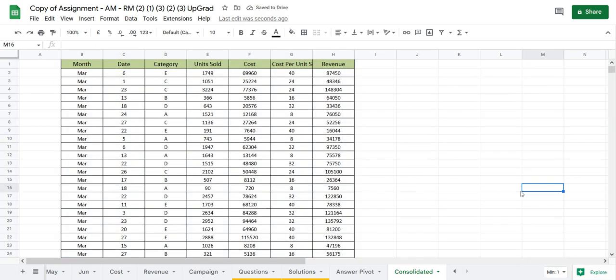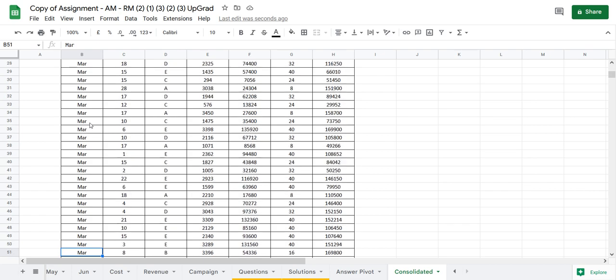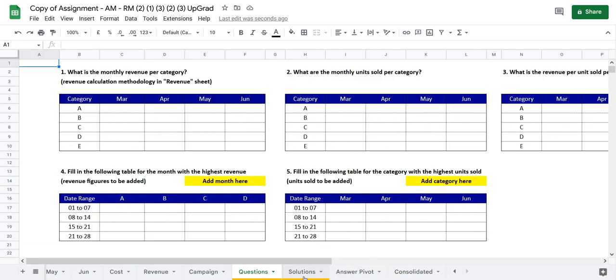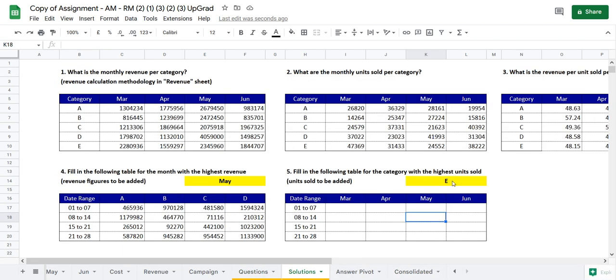Now what I did here, basically, I have created one consolidated tab and copied all the data from the March, April, May and June subsheets and pasted it here so that the creation of the pivot will be very easy for this question. Okay, the question was this one. For this particular category E, we have to fill this data.